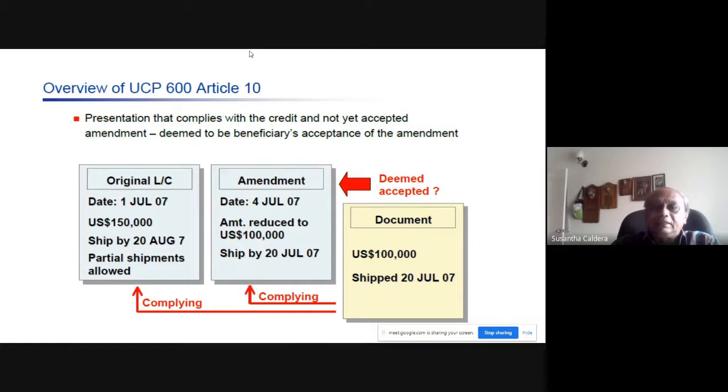Right? The documents they have submitted: US dollars 100,000, shipped on 20th July 2007. Is it compliant or discrepant?